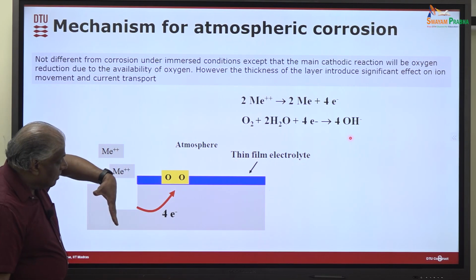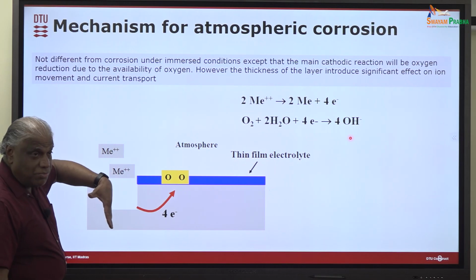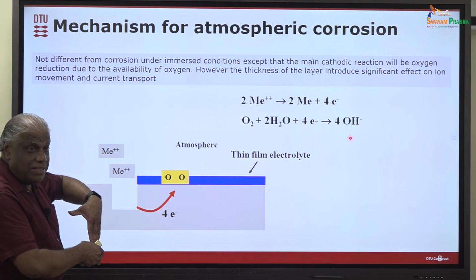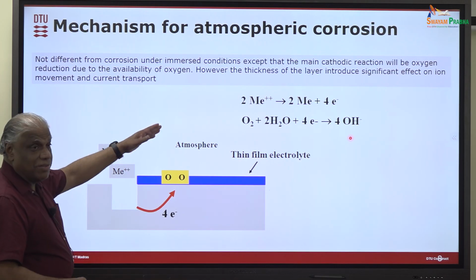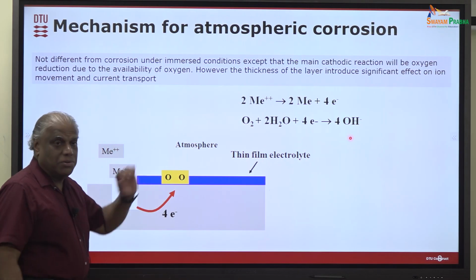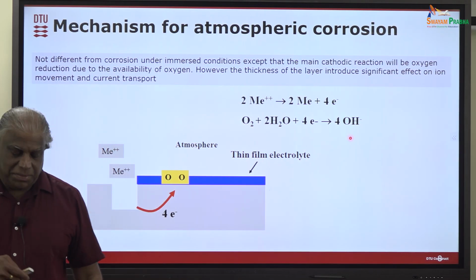On the other hand, if the sample is sitting like this, probably the corrosion product will not stick to the surface, so the metal surface is always exposed, and then you get the behavior we are talking about. So there are a few other factors depending on what corrosion product forms. But if you are assuming that the metal is directly dissolving into the solution and you have a thin film of electrolyte, because of the oxygen access, you get this behavior.